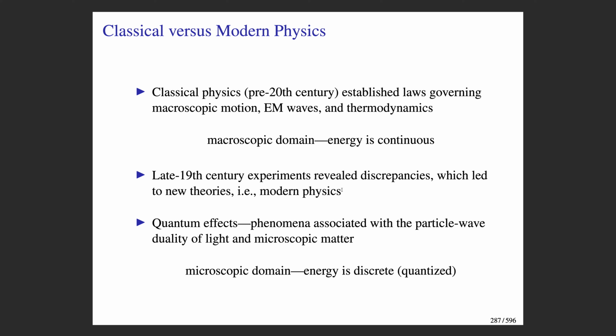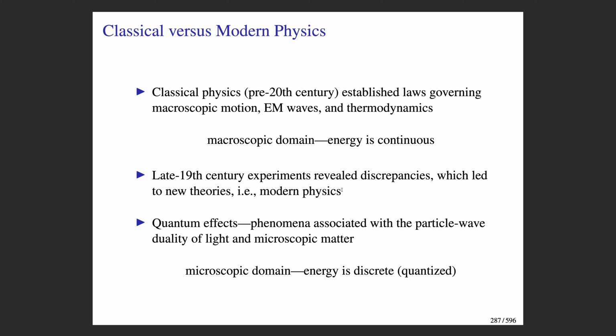These, among others, are referred to as quantum mechanical effects, which refer to phenomena that are associated with the particle-wave duality of both light and, importantly, microscopic matter. So things like electrons and individual atoms and perhaps also individual molecules.